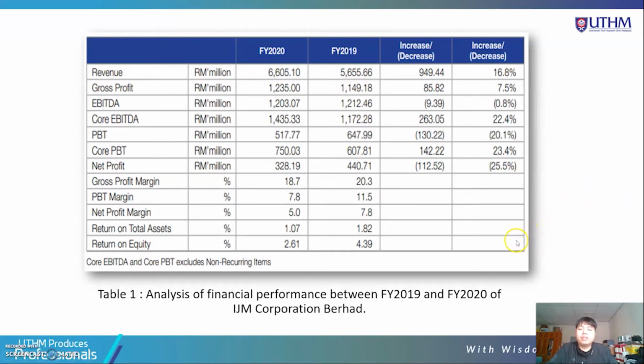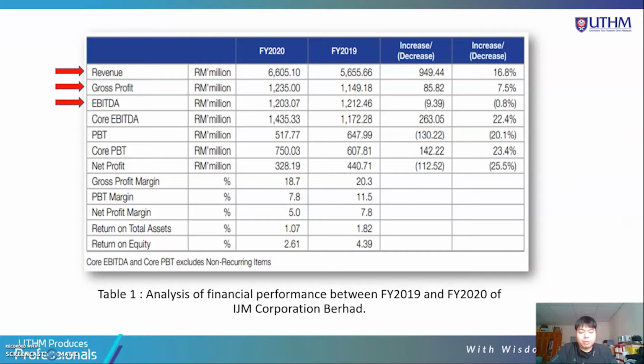This table shows the analysis of financial performance between financial years 2019 and 2020 of IJM Corporation Berhad. Firstly, I will present how many percent decrease or increase compared to financial year 2019. Revenue increased by 16.8%. Gross profit increased by 7.5%.